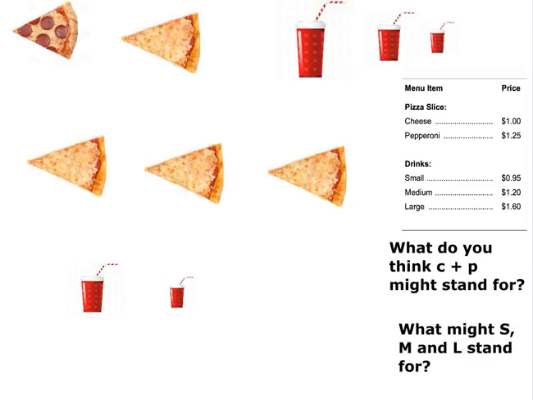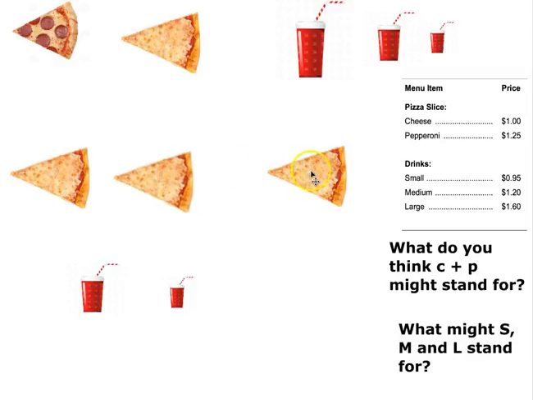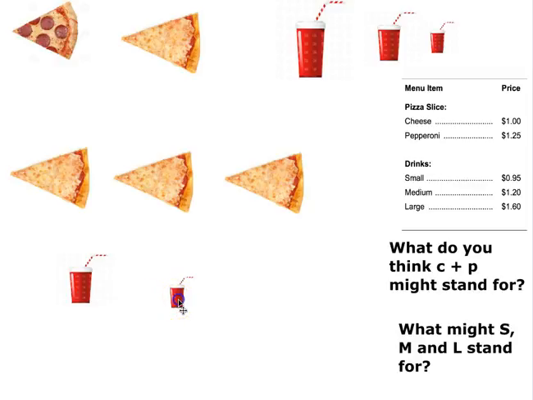So in your math notebook, you're going to record what variables you're going to put for this, and for this, and for this. So write them in your book, and I will check back in about 15 seconds.